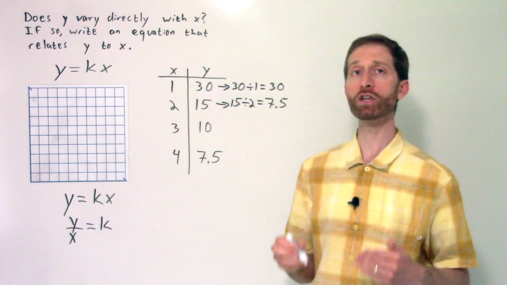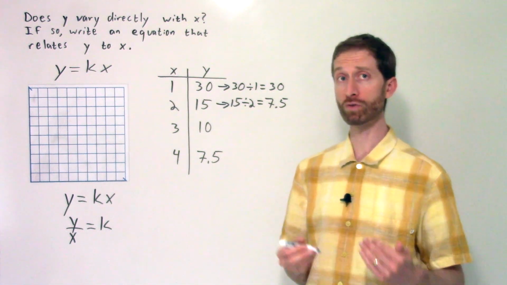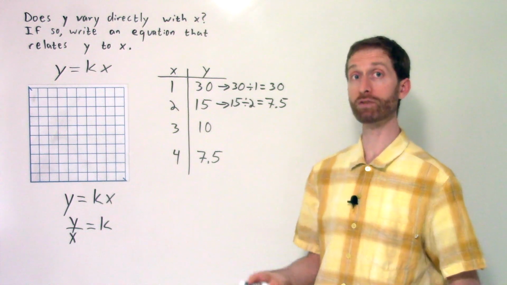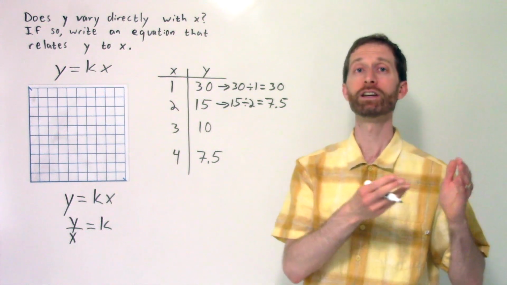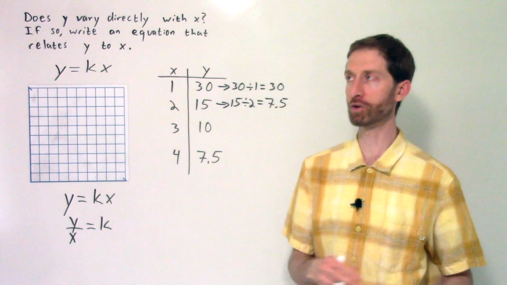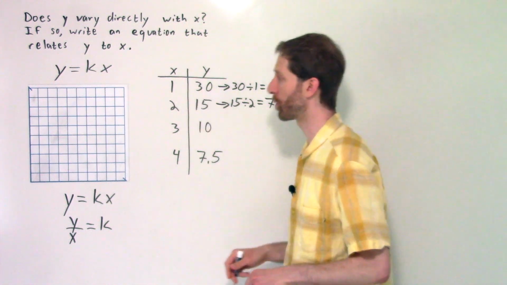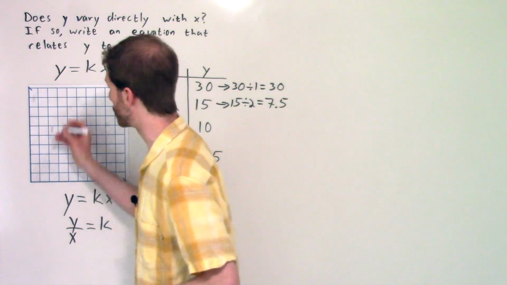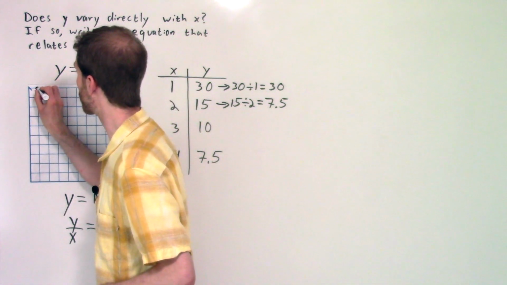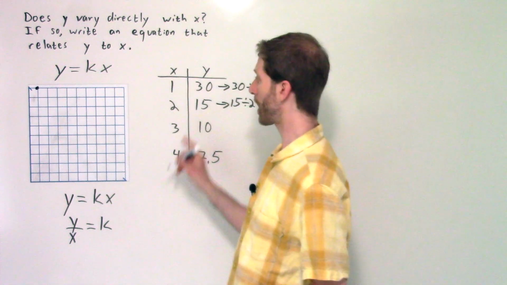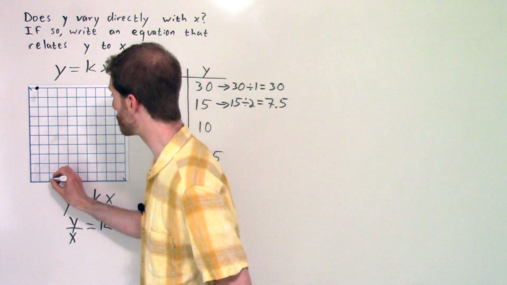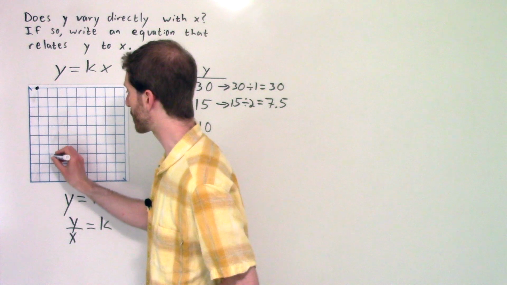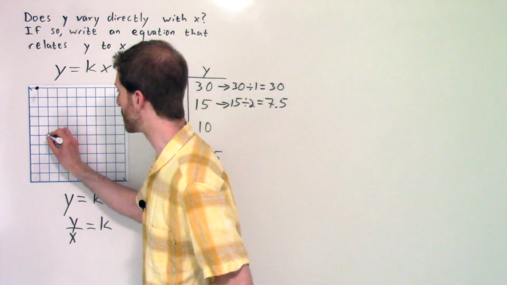I also want to show you that you don't get a line that goes through the origin like we did with direct variation in the first part of the video. So let's just plot these points out. We'll go up by 3s on the y-axis here. So (1, 30) is up there, and then (2, 15), so that's going to be 2, and then 3, 6, 9, 12, 15.